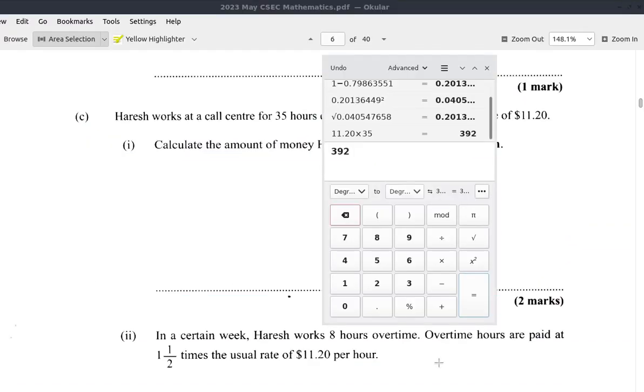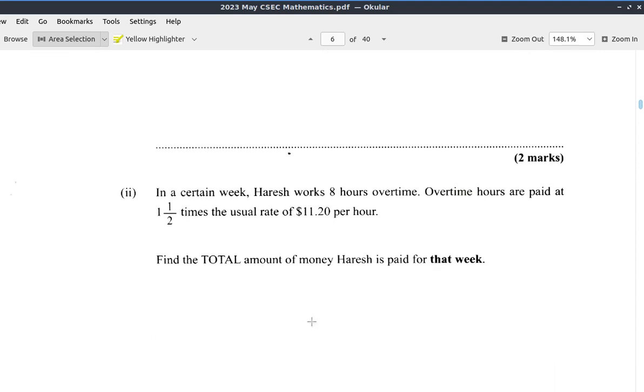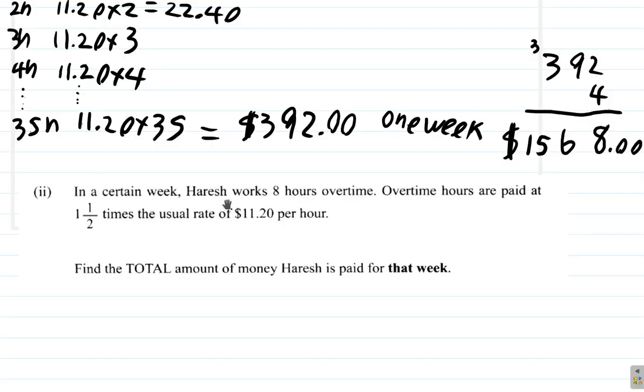Part 2. I had already copied part 2. In a certain week, Harish worked 8 hours overtime. Overtime hours are paid at 1.5 times the usual rate of $11.20 per hour.